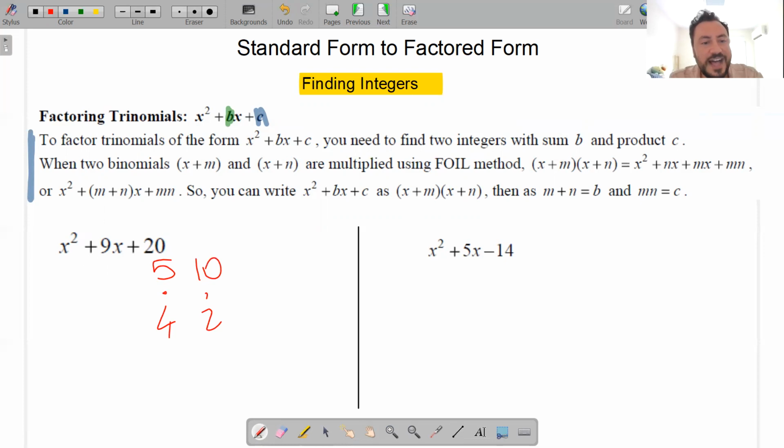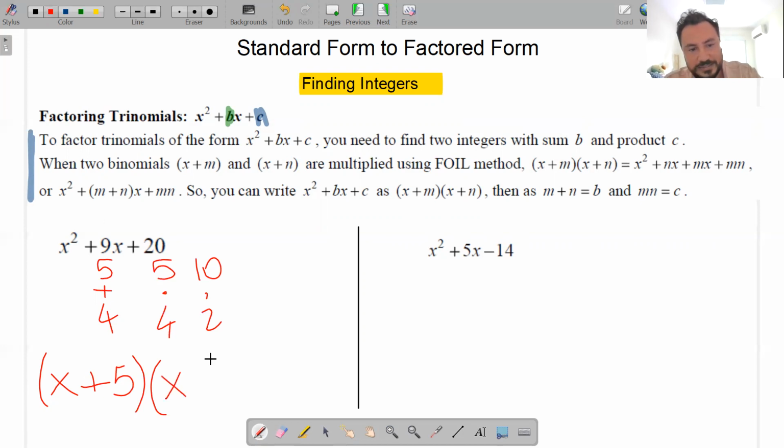Now, if I add 10 plus 2, I don't get 9. But if I add 5 plus 4, I get 9. So I already know that the binomial that comes from this trinomial will be x plus 5 multiplied by x plus 4. That's it.